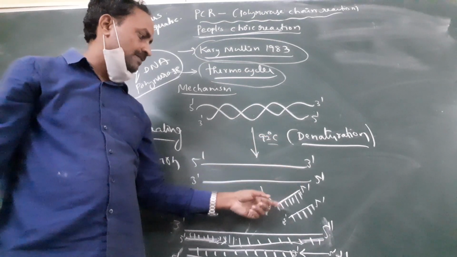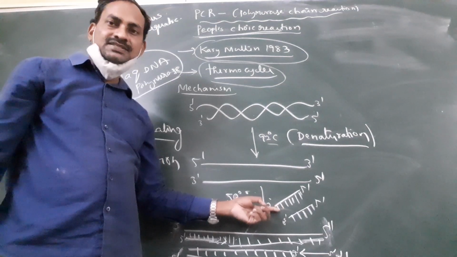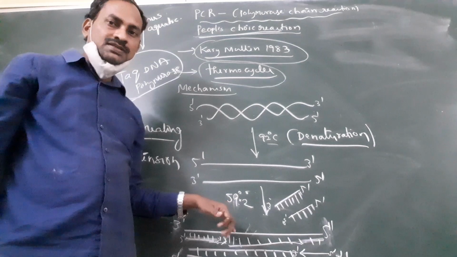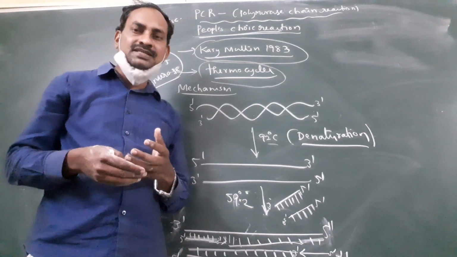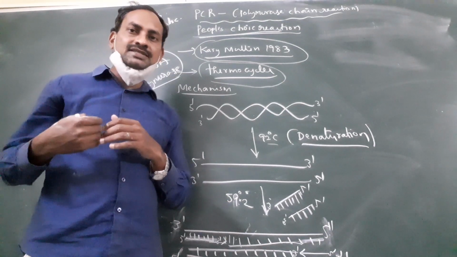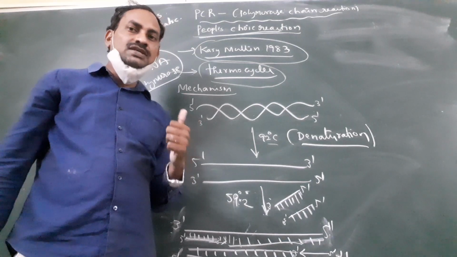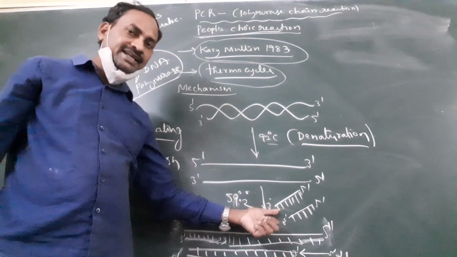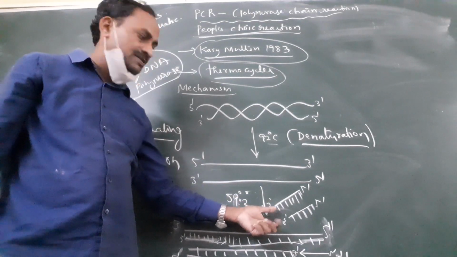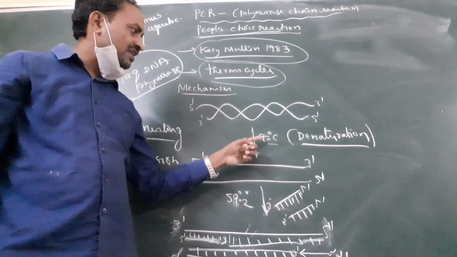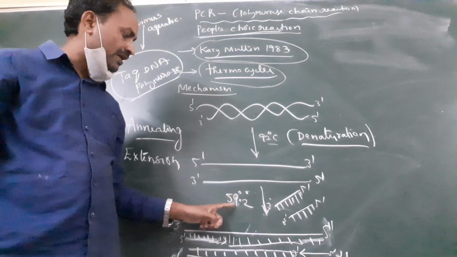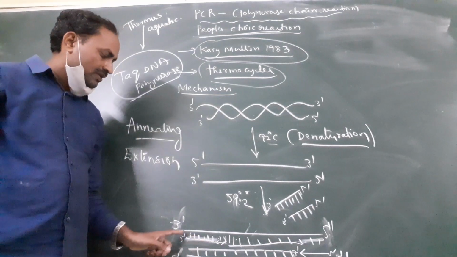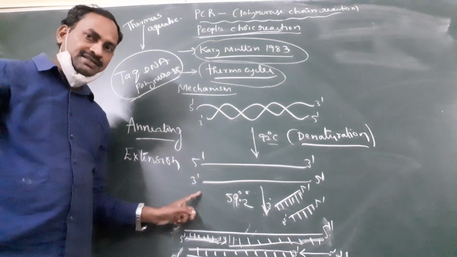After denaturation, we add primers. A primer is nothing but an oligonucleotide DNA strand. Generally, during DNA replication in the cell, in vivo, the cell uses RNA primers, but here we are adding DNA primers. After reducing the temperature to 59.2 degrees centigrade, these DNA primers go and bind to the 3' end of the target DNA strands.